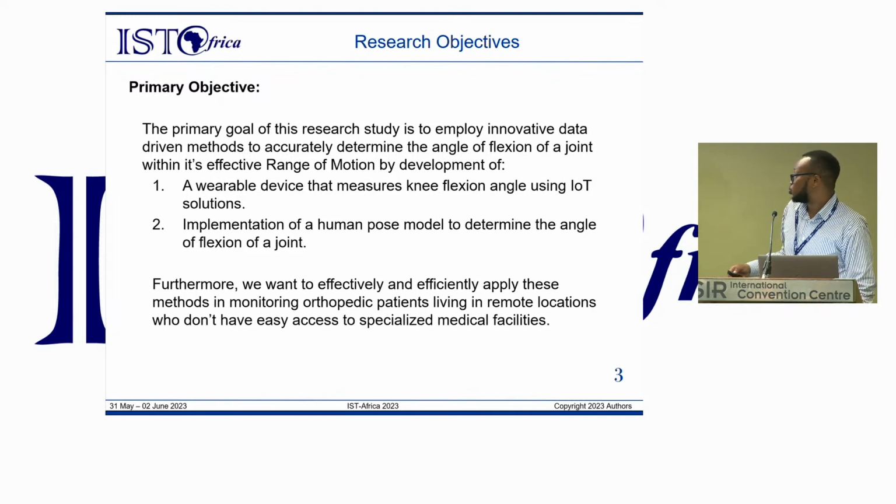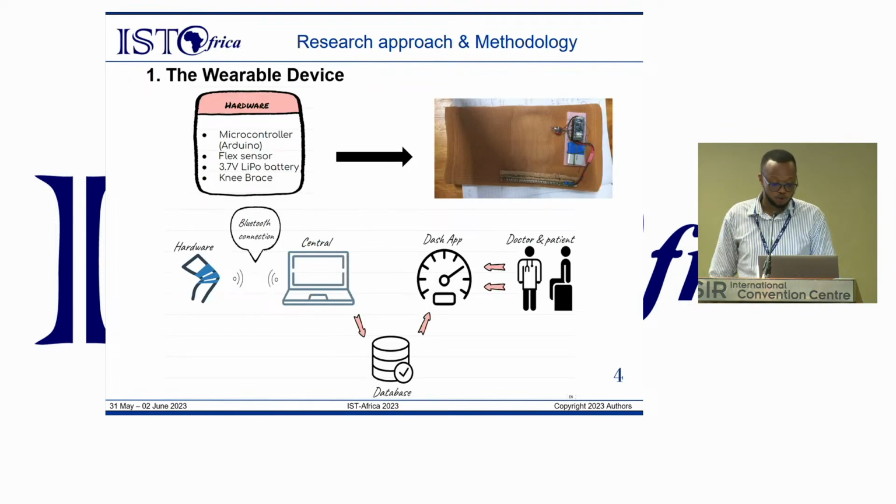Also, we want to effectively apply this method such that patients who are living in remote locations can get feedback from a specialist when they have the device in their homes, removing the barrier in case we have a patient who is in a remote location and not easily able to access specialized clinics.